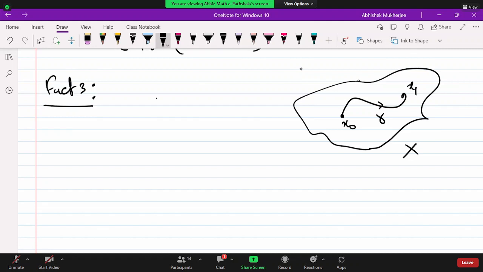So that means it can be written as t goes to 1 minus t, and then gamma of this. So therefore, this is a path from x1 to x naught. You are just changing the orientation here.